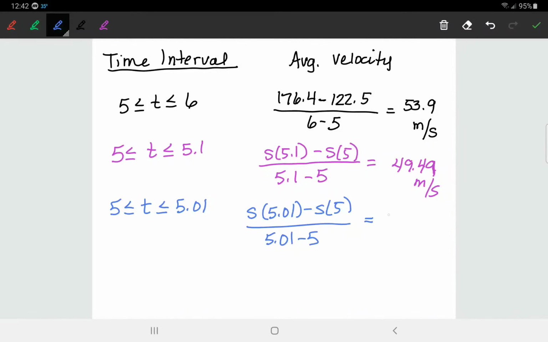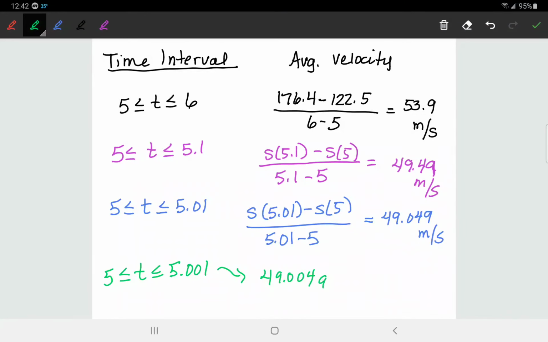When you do this, you should get 49.049 meters per second. And we could just keep going. Let's say we get even closer, between 5 and 5.001. If you follow the same steps, what you should come up with now is 49.0049.